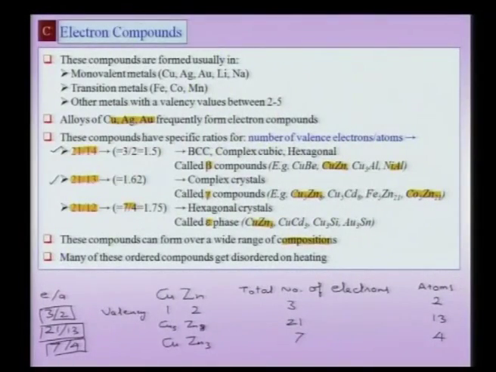Now there are 3 important classes of these electron compounds: those which are stabilized with E by A ratio 21 by 14, those stabilized by E by A ratio 21 by 13 and 21 by 12, and the crystal structures correspondingly for these 3 types are BCC, complex cubic or hexagonal. In the typical 21 by 13 you have a very complex crystal structure, and hexagonal crystals are the ones which form with 21 by 12. And as noted for some of the other compounds before, the composition can be variable, and these can also show order disorder transformations.